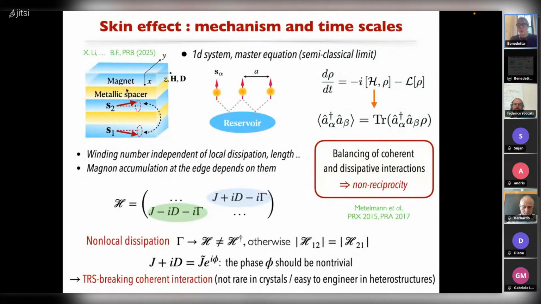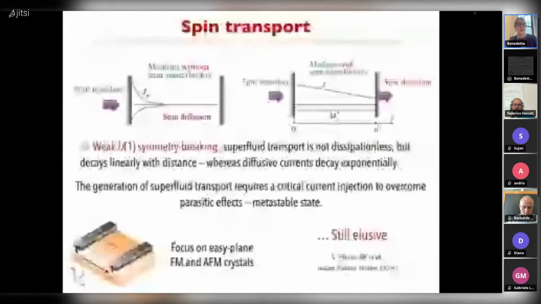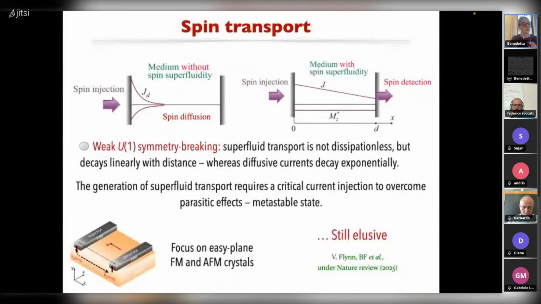I need chirality. When I move to the non-linear regime, I don't need non-local dissipation anymore. I just need the chirality and local dissipation. So probably very similar to what you're describing. So it is the same structure, but even if the non-local dissipation in this last example is practically negligible, I will still get a non-reciprocity.